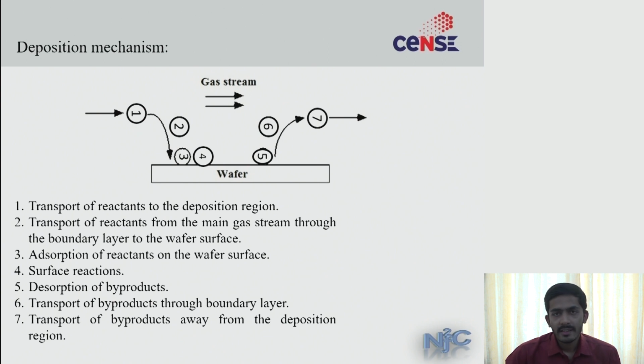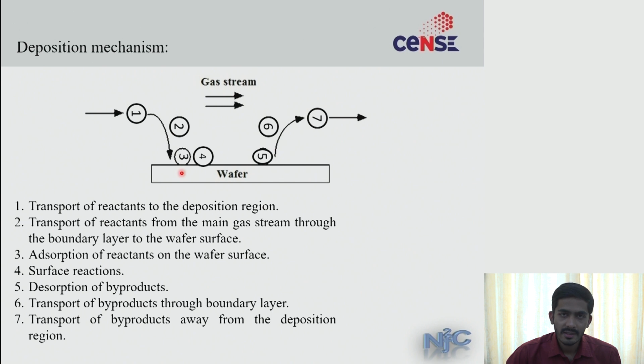Coming to the mechanism, this slide illustrates the deposition mechanism that takes place in a CVD tool. As you can notice, you will have a gas stream which will mainly carry a precursor or the reactants. The reactants from the gas stream need to initially diffuse through a boundary layer, reach the surface of your substrate, wherein they need to adsorb on the surface.